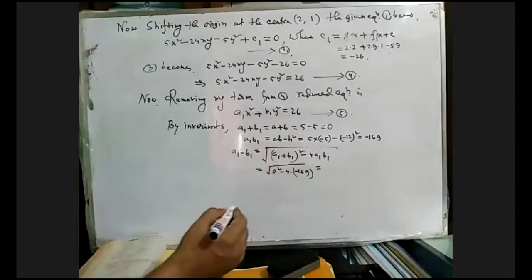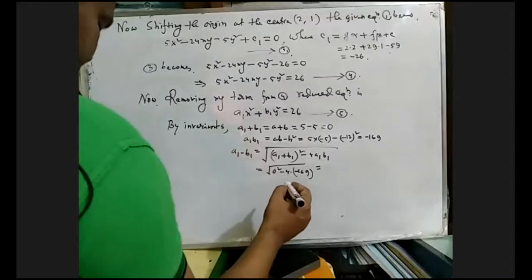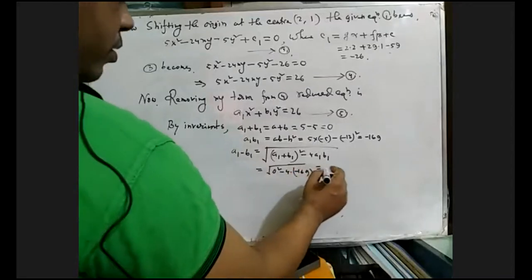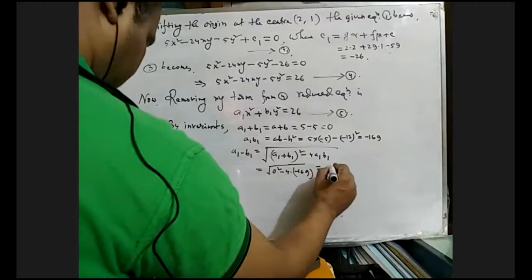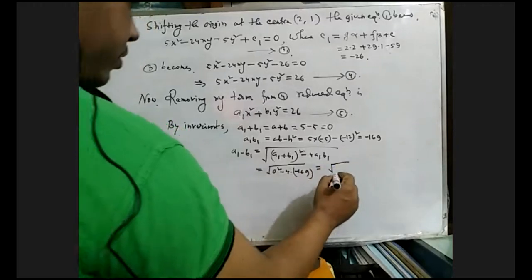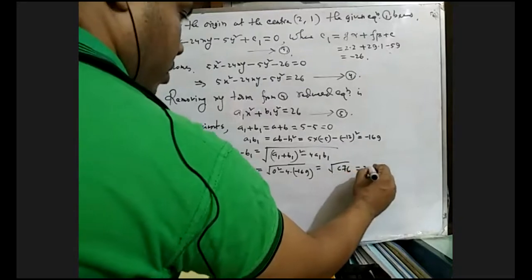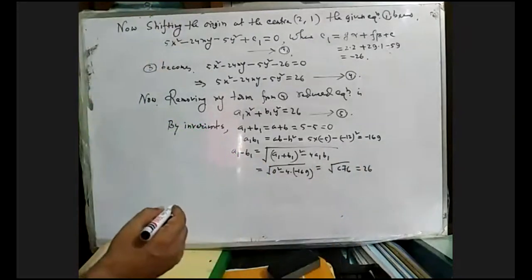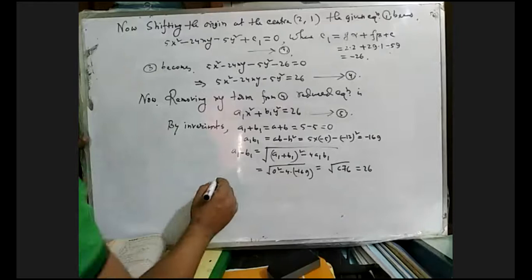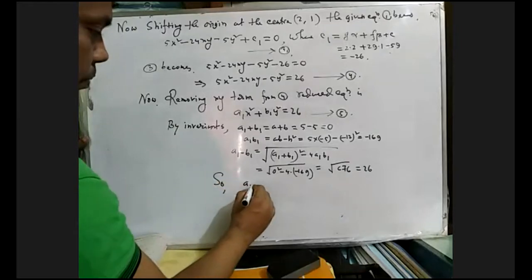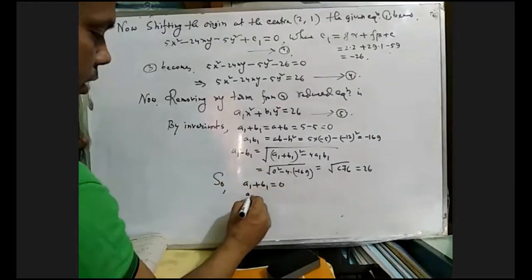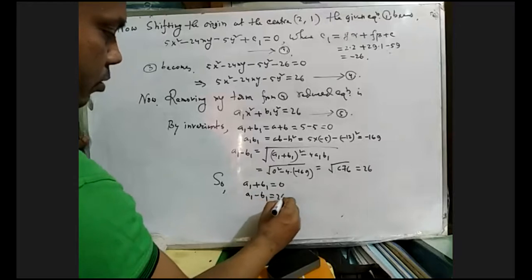So we get what actually, root over 676, that is 26. So we get a1 plus b1 equals to 0 and a1 minus b1 equals to 26.